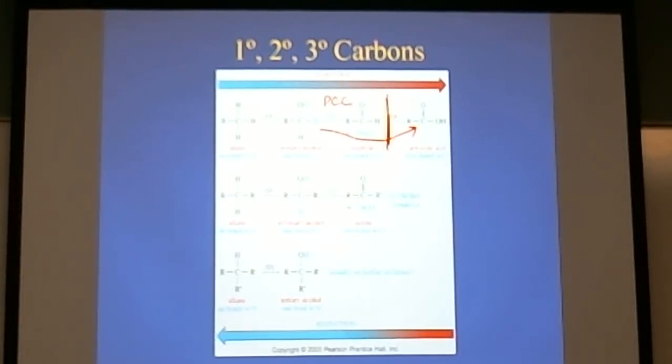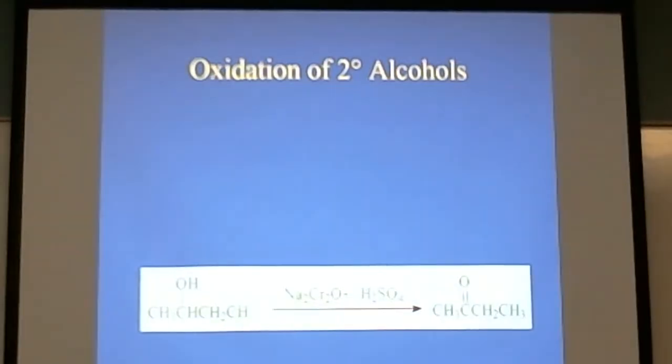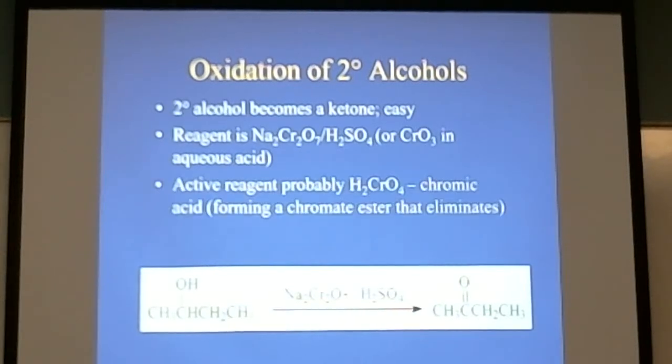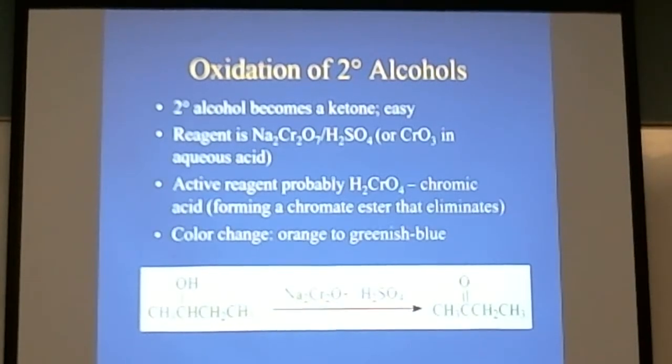Of course, in the case of the ketone, it doesn't matter what you're using because you cannot oxidize this any further, so you can use mild or strong, you're still going to stop. All right, so secondary alcohols, any kind of oxidizing agent is going to get you to the ketone.